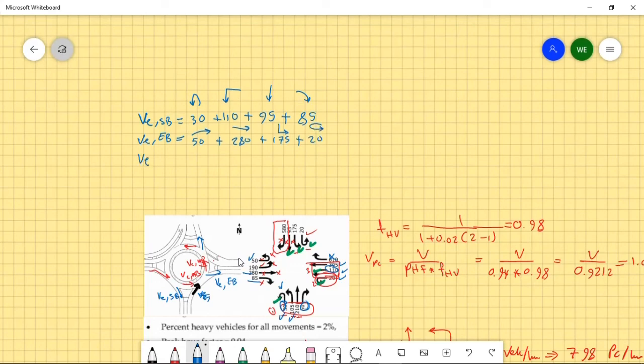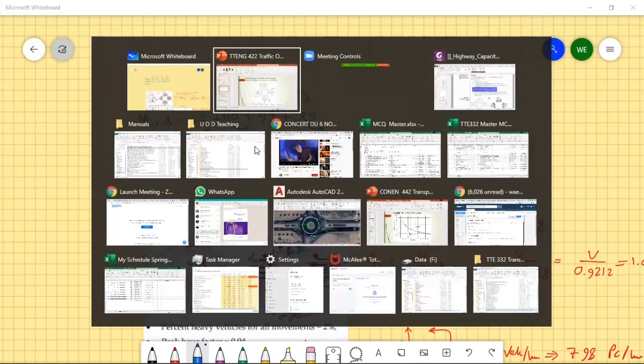V exit northbound equals, you can do the rest, okay? I'm not going to solve it completely. You can complete that later, but you get the idea.